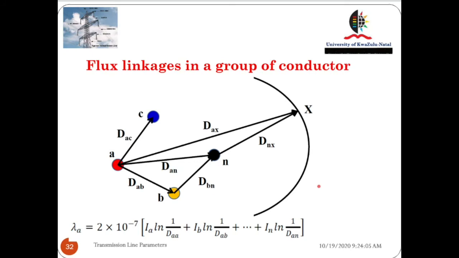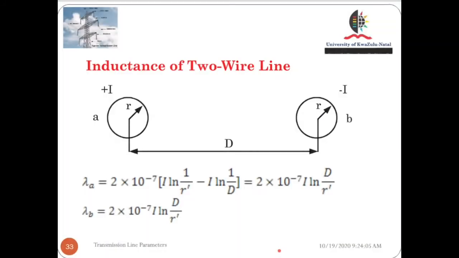Now, we want to go to the single phase two-wire line. We are going to use that same concept. So consider the inductance of a two-wire line, where one conductor is supplying current and the other one is returning current.